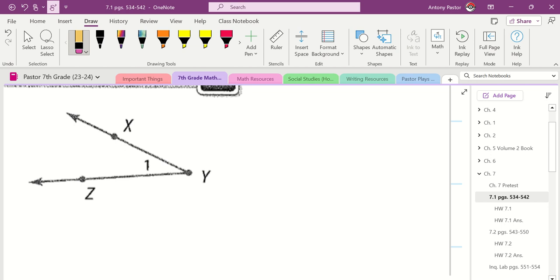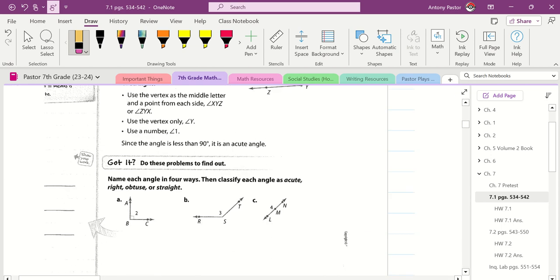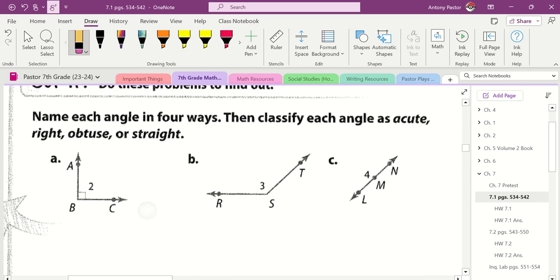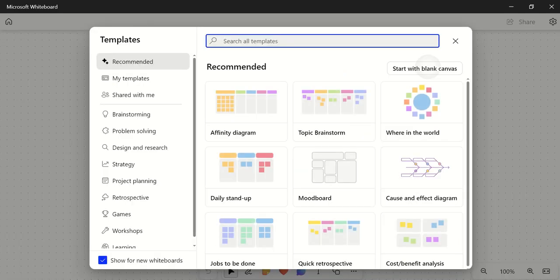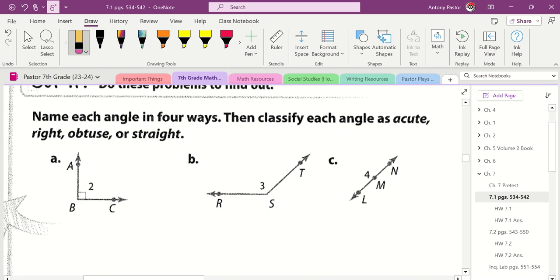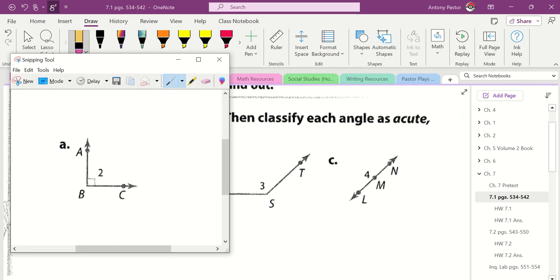Okay, so this is an example from your homework. Let me model how I expect the homework to be done. Oh, it's already there for me. Cool, I did this last period. So you're going to write out the question that they give you.